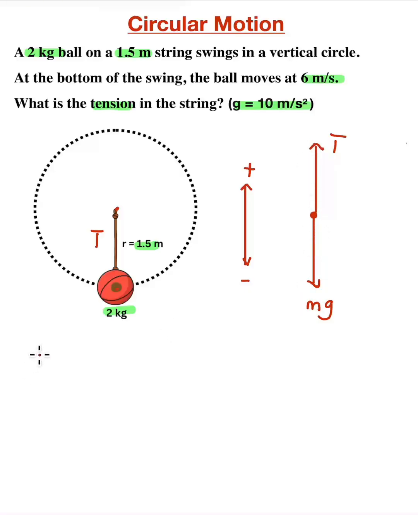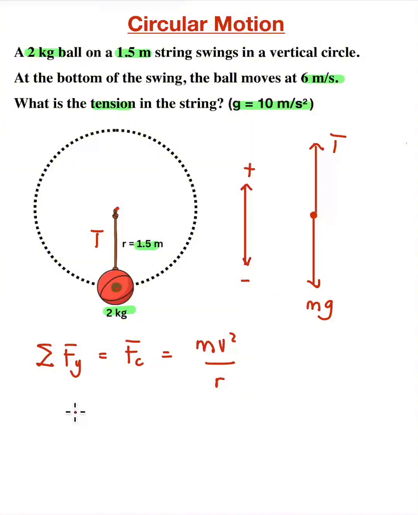So if we apply Newton's second law, the net force acting on this ball at this point, which is in the vertical direction, is the centripetal force. And we know centripetal force to be the mass times the velocity squared divided by the radius of the circular path.